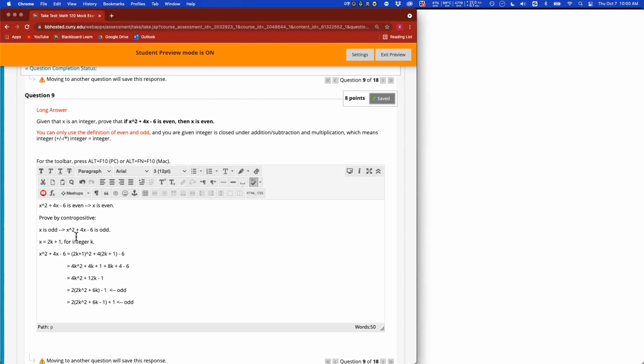You can do when x is even, show this is even, when x is odd, this is odd, and then show that the only scenario for this statement to be even is x is even. Otherwise, you will get an odd result. Then you will do this proof all over again for even. Good.